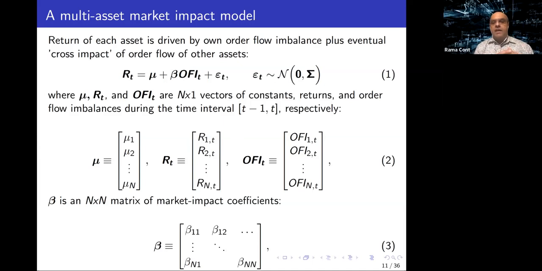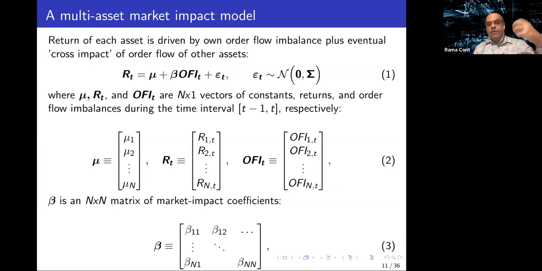So OFI is the net order flow for stock i, which can be defined in many ways. The way we're going to define it here, we're going to look at the order book, at the best bid and the best ask. It's a flow variable, so we're going to look at every time interval, say 1 second or 1 minute. We're going to look at all the new buy orders that come in, minus all the cancellations of buy orders, and minus the executions.